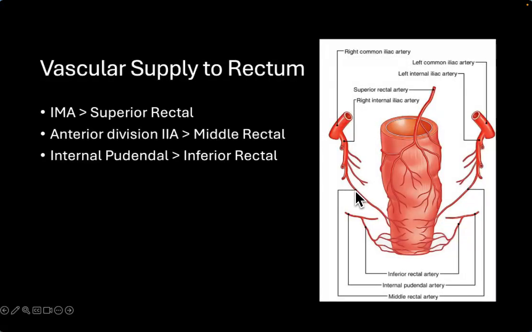It's going to give rise to your middle rectal on both sides, and then your internal pudendal artery, which is going to be an anterior branch of your anterior division. The internal iliac artery is giving rise to your inferior rectal artery. So these are all things that can form robust collaterals if there's an occlusion somewhere, and also things to keep in mind if you're ever doing hemorrhoidal artery embolization, so you get complete treatment.